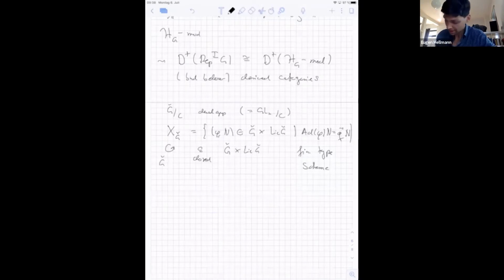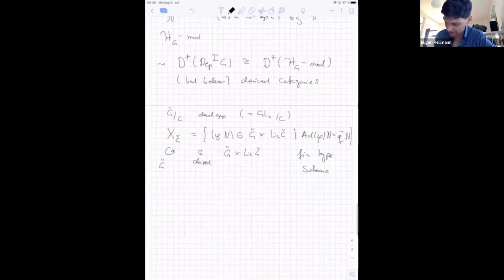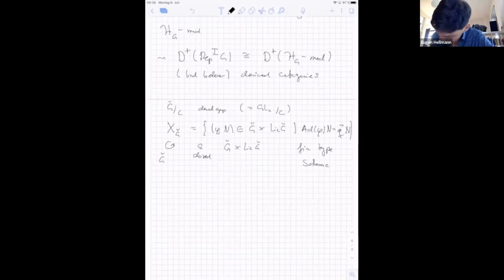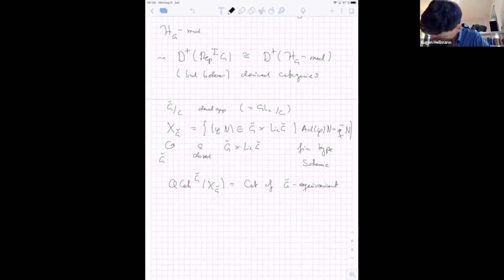And then I will look at the category of quasi-coherent sheaves on X_G-check. So this is supposed to be the category of, well, in fact, I will need this G-check action. So it's the category of G-check equivariant quasi-coherent sheaves on my scheme X_G-check.